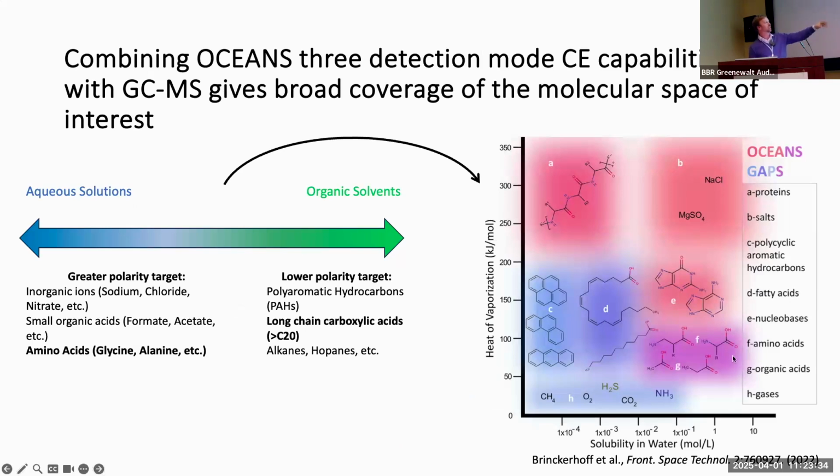On the right, you've got solubility in water versus heat of vaporization. And so you can get at things which are going to be more friendly to something like a GC analysis or more friendly to something like a CE or LC analysis. And that's how you start to, in one suite, in an end-to-end way, capture as many of these things as possible.